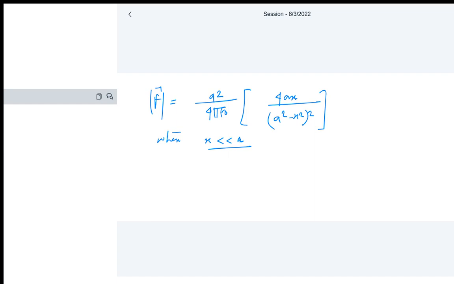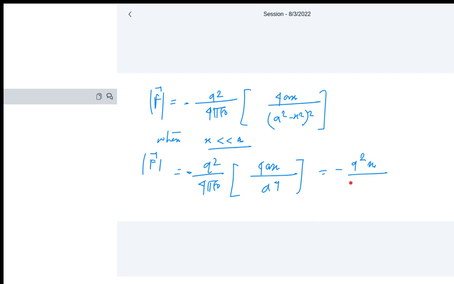So as we use this approximation, x square is neglected in the denominator. So overall the final result is minus Q square x upon pi epsilon 0 a cube.